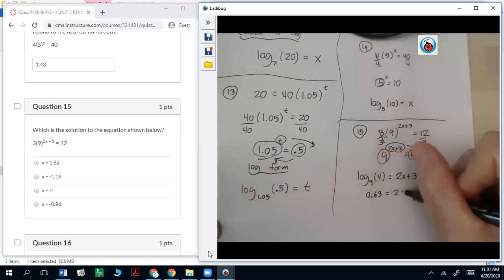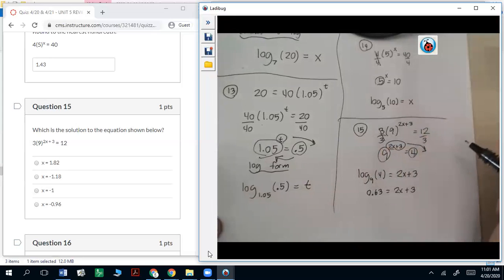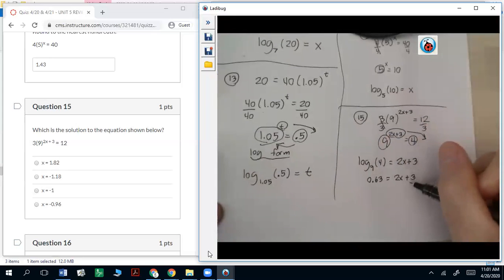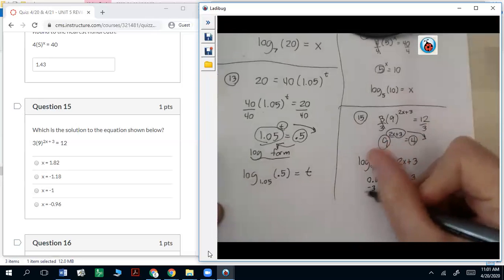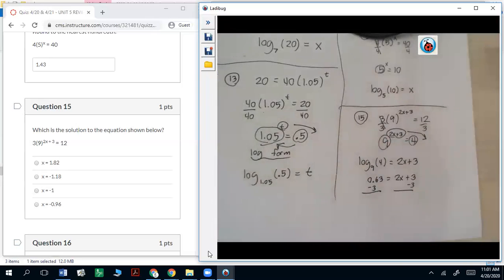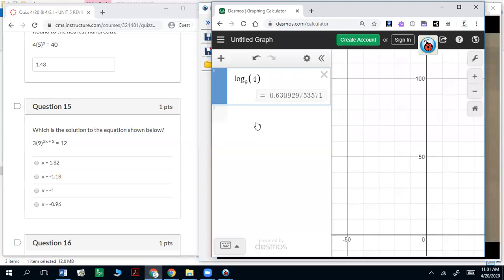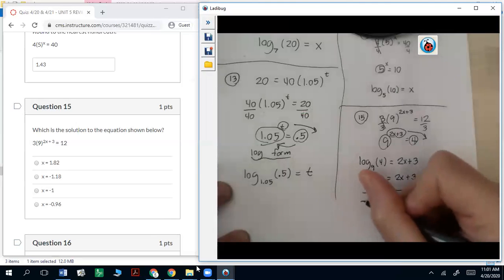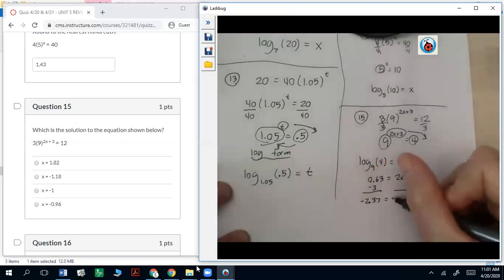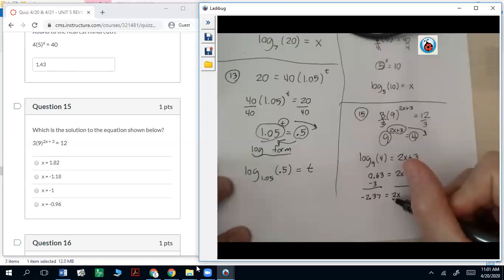So I'm going to rewrite that as 0.63 equals 2x minus 3. The next step would be to solve by subtracting 3. And 0.63 minus 3 is negative 2.37. And my last step would be to divide both sides by 2 to get that x isolated.